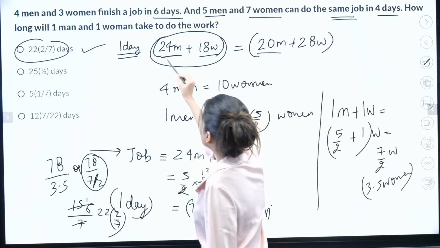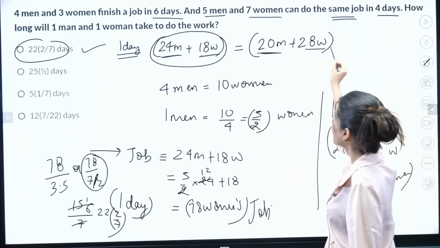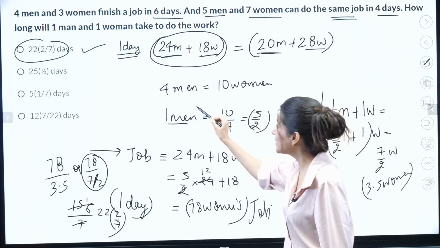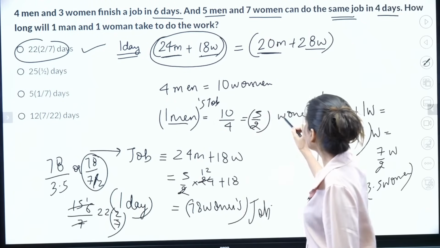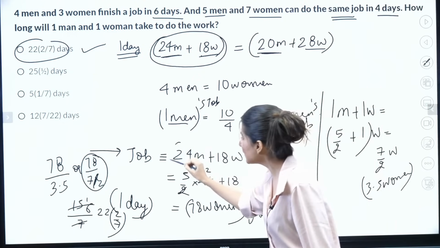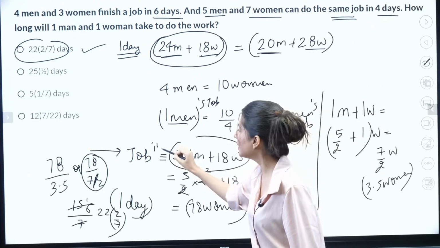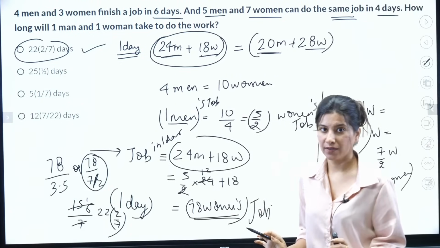So 1 day's work is done by 24 men, 18 women. Same. 1 day's work is this. So, 1 man's job is equal to 5 by 2 women's job, right? And this is a job only, job in 1 day. So, we have 78 women work, right?